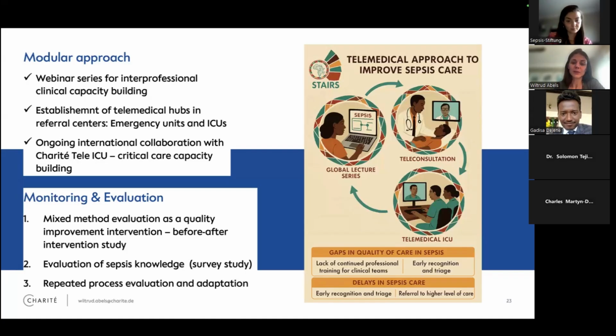We will, from the side of the Charité Tele-ICU, stay in touch, especially in the area of intensive care unit, because this is our, I want to say, core business. And this then goes to an element of critical care capacity building, which is also a valuable target in sepsis care in Ghana and Ethiopia both.